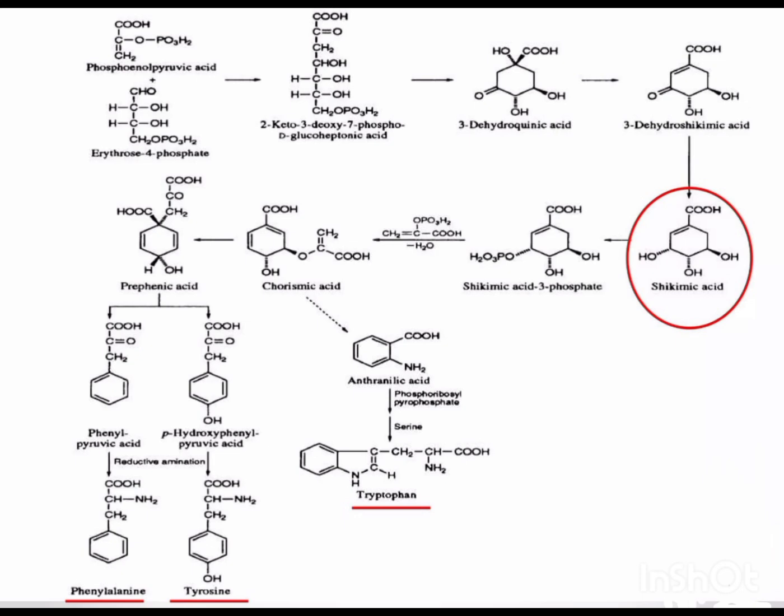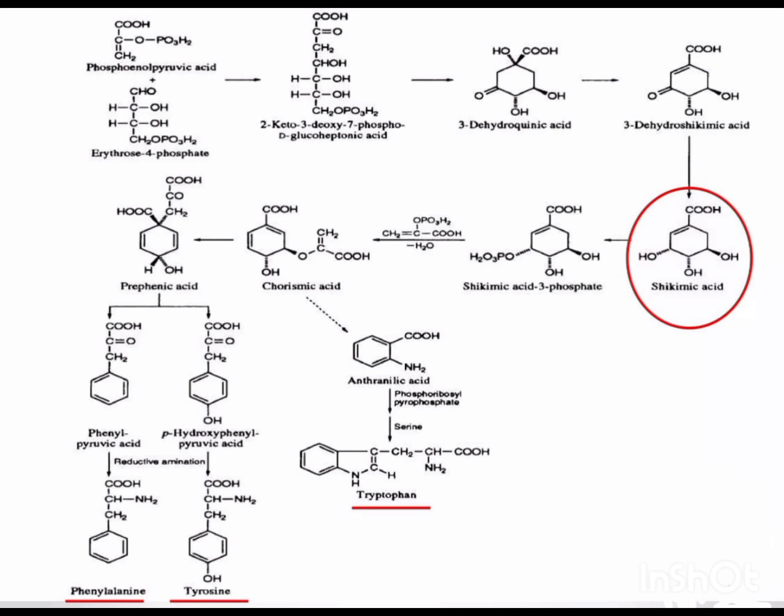The shikimate 3-phosphate with the help of EPSP synthase converts into 5-enolpyruvylshikimate 3-phosphate, which is also known as EPSP. The EPSP with the help of chorismate synthase is converted into chorismic acid.